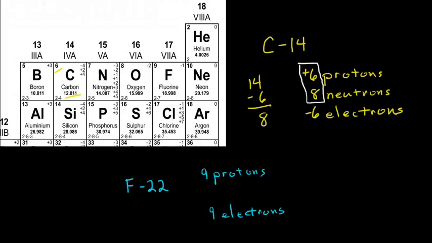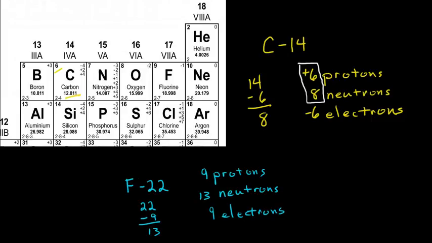And to figure out the neutrons, we take the mass, subtract the 9 protons, and we end up with 13. And so it will have 13 neutrons. Okay? All right, so I think that's pretty straightforward.